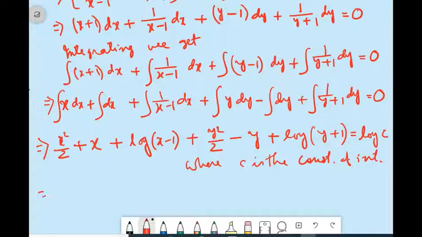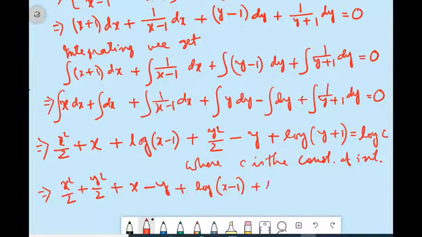So this is equal to, since we can arrange it, x² by 2 plus y² by 2 plus x minus y plus log of (x − 1) plus log of (y + 1). If we write down on the left hand side, it will be minus log of c is equal to 0.